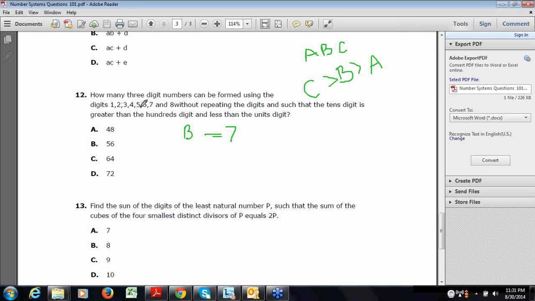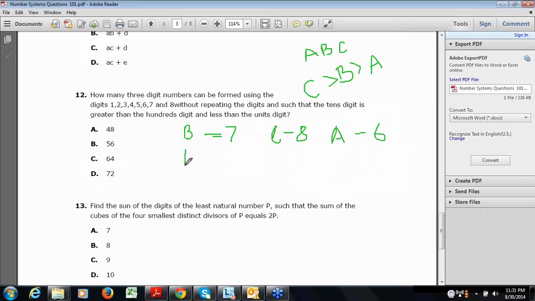Obviously, if 1 to 8 are there, B has to be greater than A and C has to be greater than B. So B can maximum be 7. If B is 7, C is 8 and A can have the other 6 values.